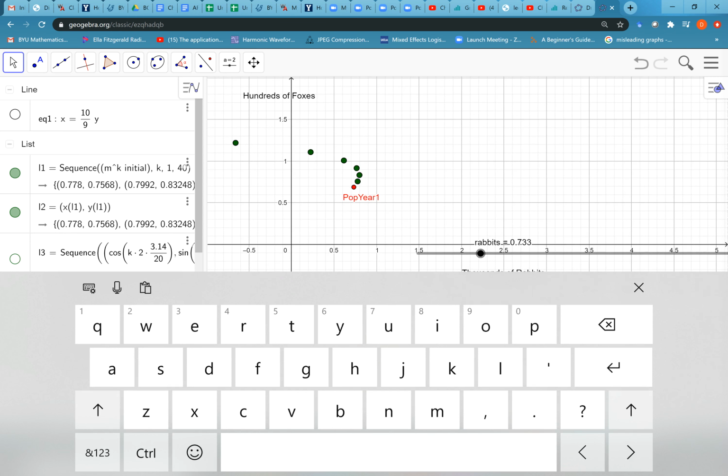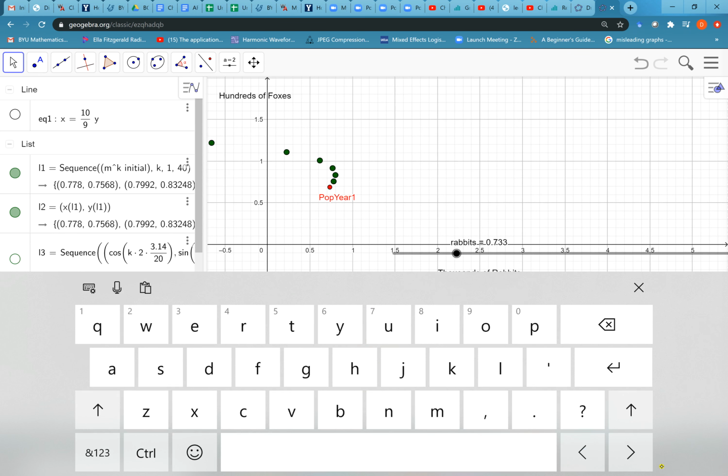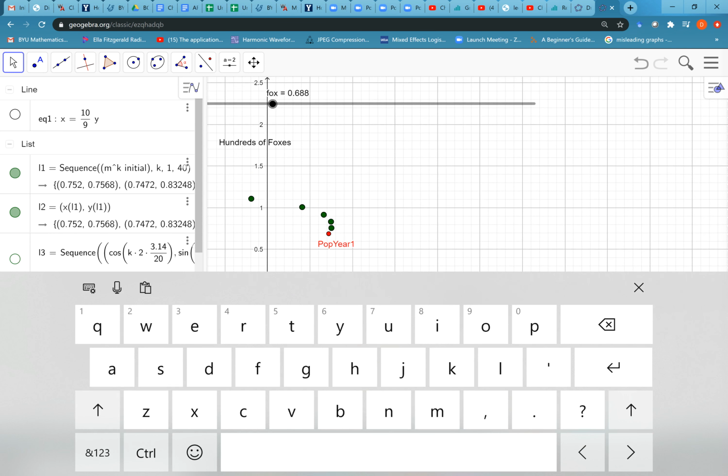Can't see that. There. No, that's not what I'm trying to do. Get to 0.72 here. Okay, there's 0.72.